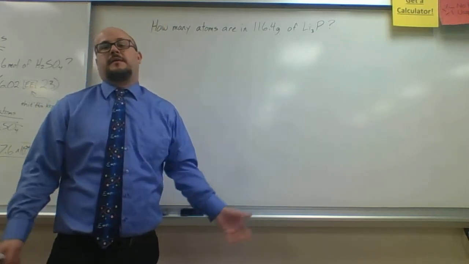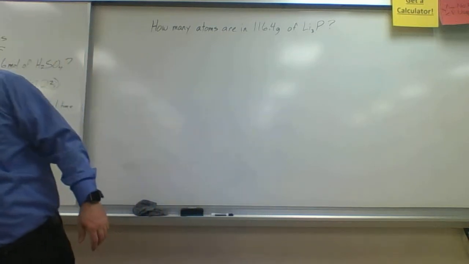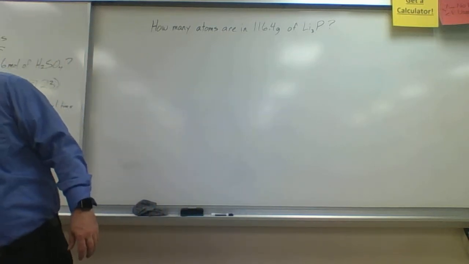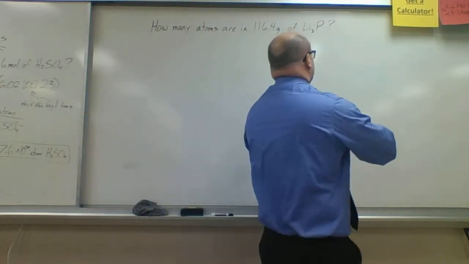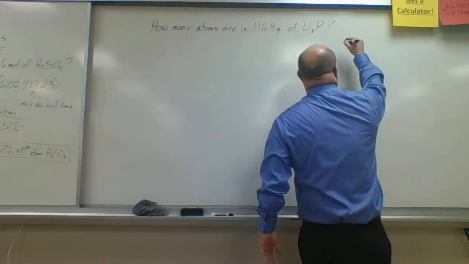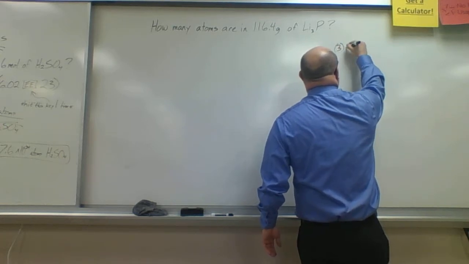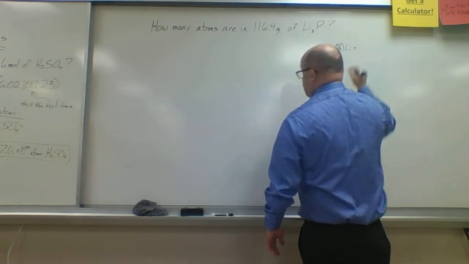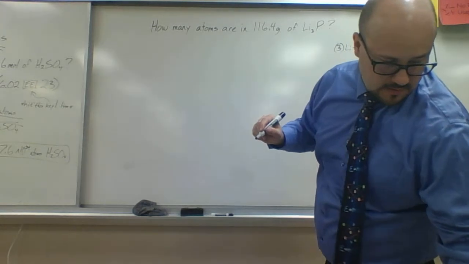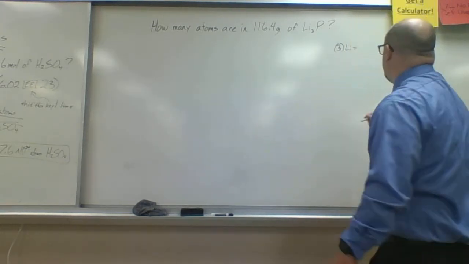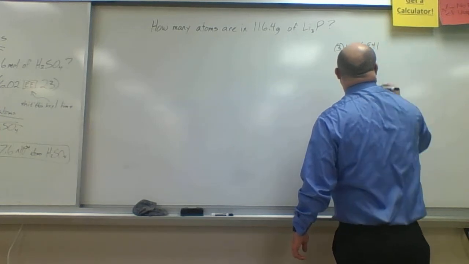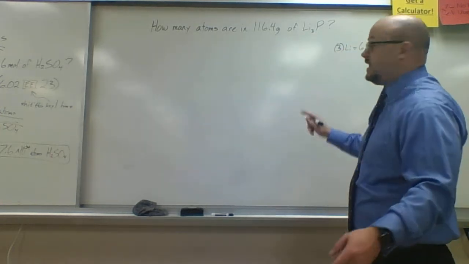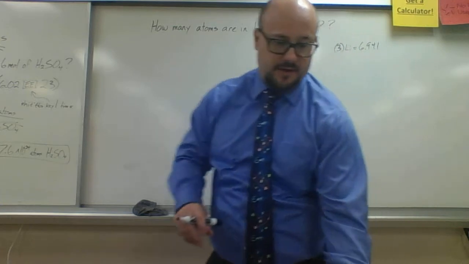We have to find the molar mass. Lithium, which we have 3 of, has a molar mass of 6.941. But we're going to multiply that by 3 because we have 3 particles.